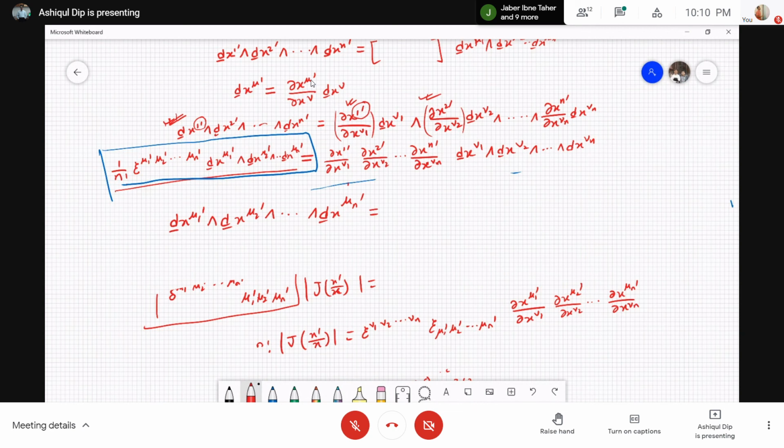So if we start with dx mu1 prime, dx mu2 prime, we should have delta x mu1 prime by delta x nu 1, like that. Actually, it's a generalization of this statement with arbitrary index, right?